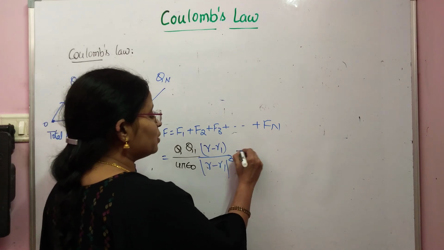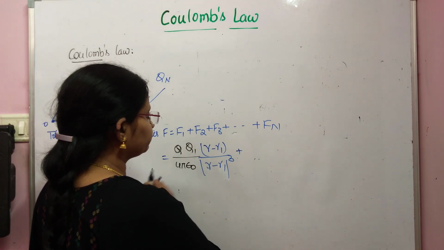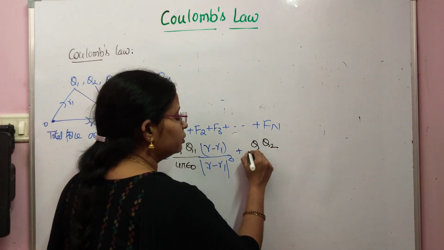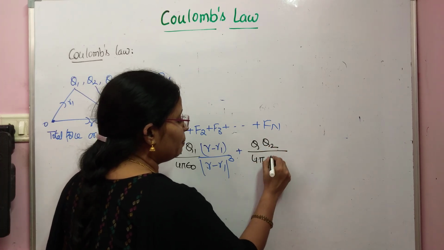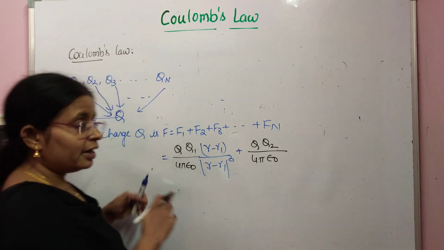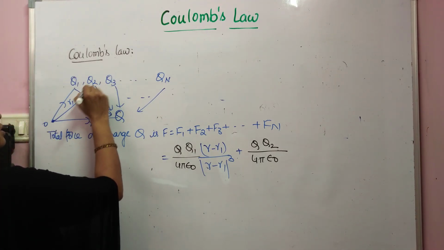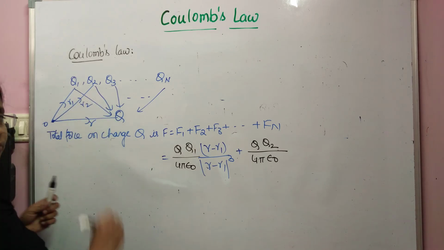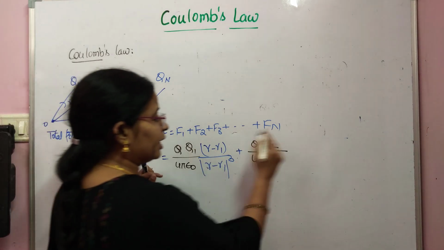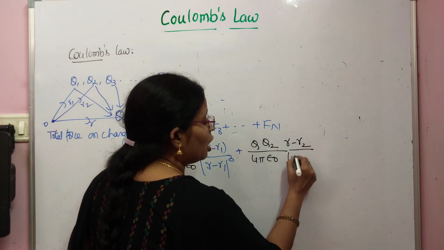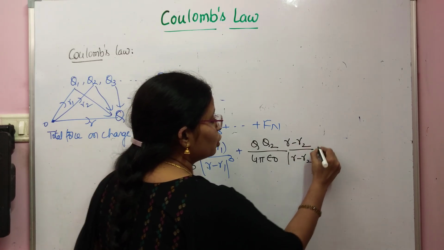Next, I'll move to the next one. Q Q2 divided by 4 pi epsilon naught, assuming your Q2 is at a position vector R2, then again R minus R2 by mod R minus R2 whole cube.